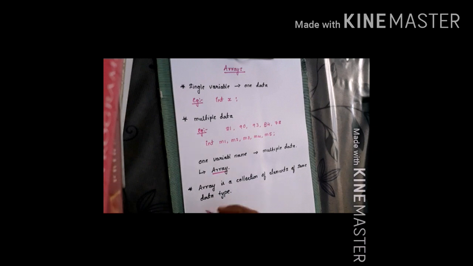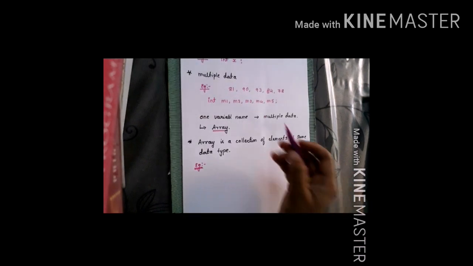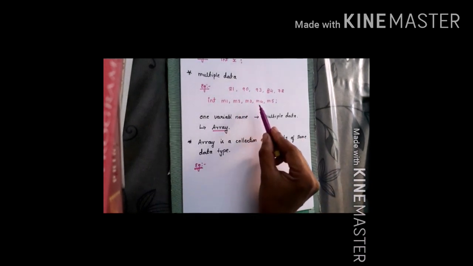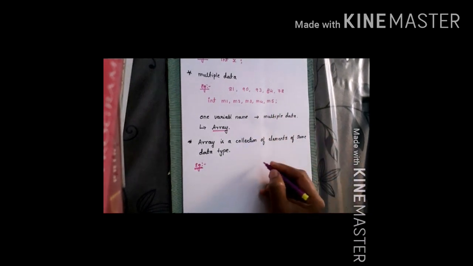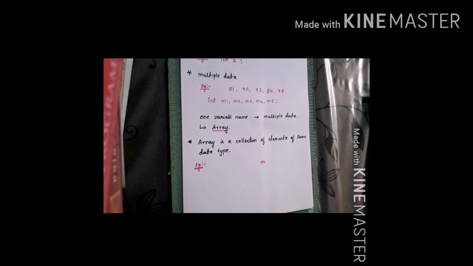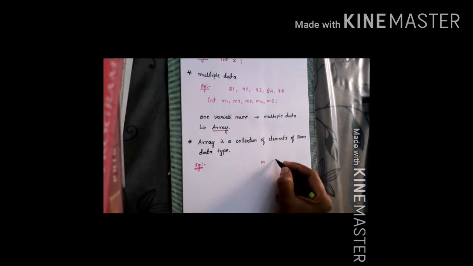If I take the example of the 5 test marks, instead of taking multiple variables M1, M2, M3, M4 and also M5, I'll just take only one variable M. Okay? Using this variable M, I'll store all the 5 test marks.